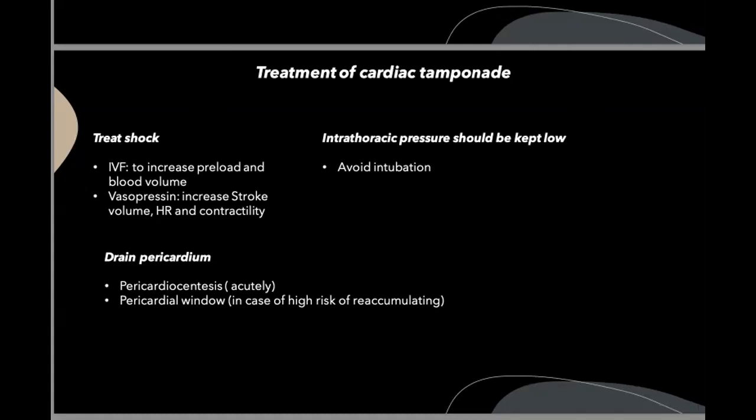Another way is to drain the pericardium. So as we mentioned before in the other diseases, we can have pericardiocentesis if it's an acute form, and then if we have recurrent cardiac tamponade, then we can have a pericardial window to help us with that.